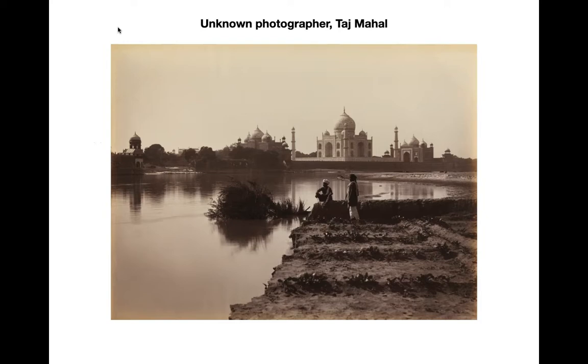To begin with, let's consider expedition photography. This is an example by an unknown photographer of the Taj Mahal in India. As we've noted before, many economies in the Western world of America, France, the UK, and others were growing because of their head start in pioneering the Industrial Revolution.